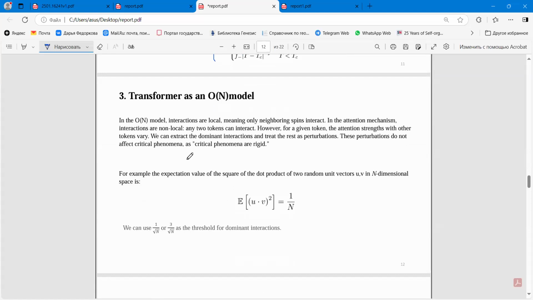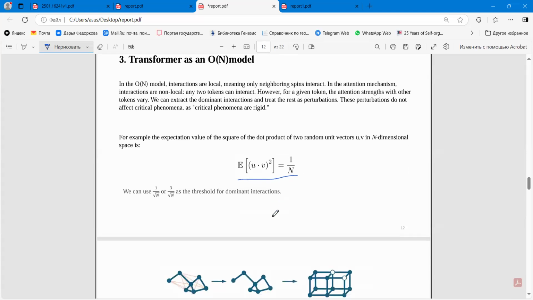We can extract the dominant interaction and treat the rest as perturbations. Those perturbations don't affect critical phenomena, as critical phenomena are rigid. For example, the expectation value of the square of the dot product of two random unit vectors in n-dimensional space is expressed by this formula.